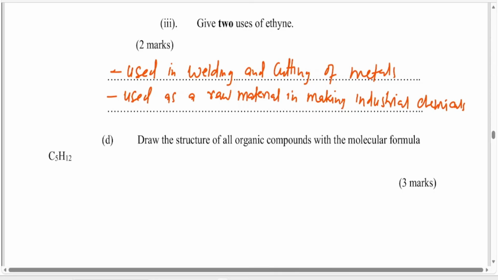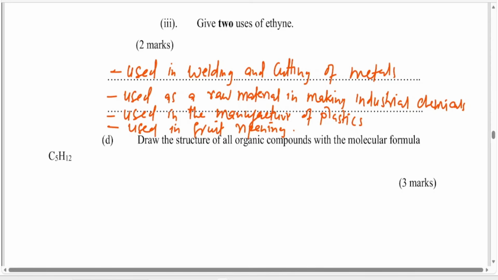And you can also say it is used in the manufacture of plastics. Also used in fruit ripening. In absence of ethene or ethyl, it can still replace it and be used in fruit ripening. All these are uses of ethyne.